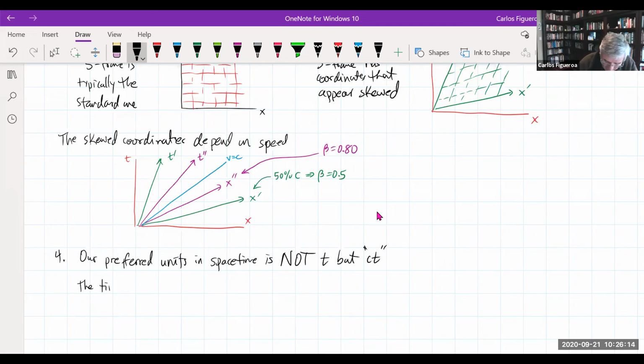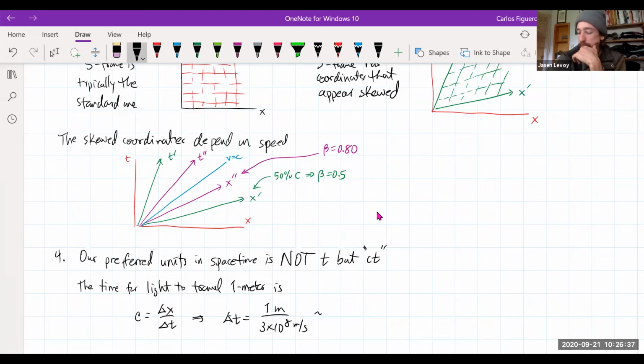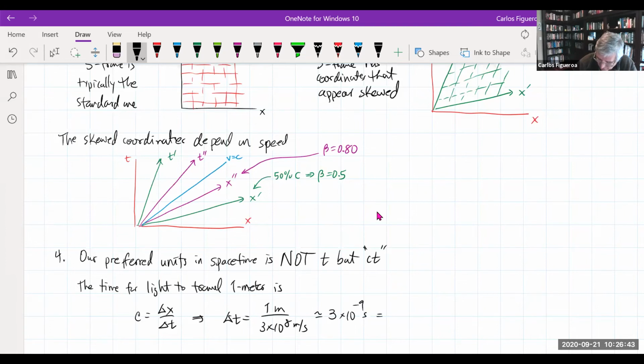The time for light to travel 1 meter is what? Well, we get C is equal to delta X over delta T. So if I look at this, it's going to be 1 meter divided by the speed of light, which is about 3 times 10 to the negative 9 seconds, or 3 nanoseconds.